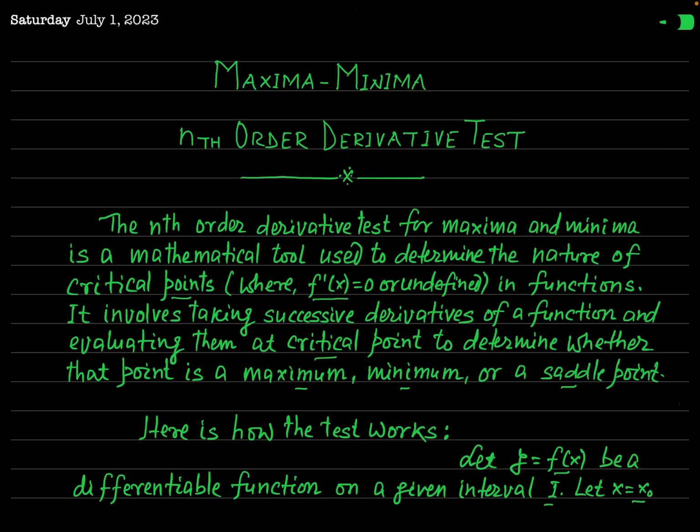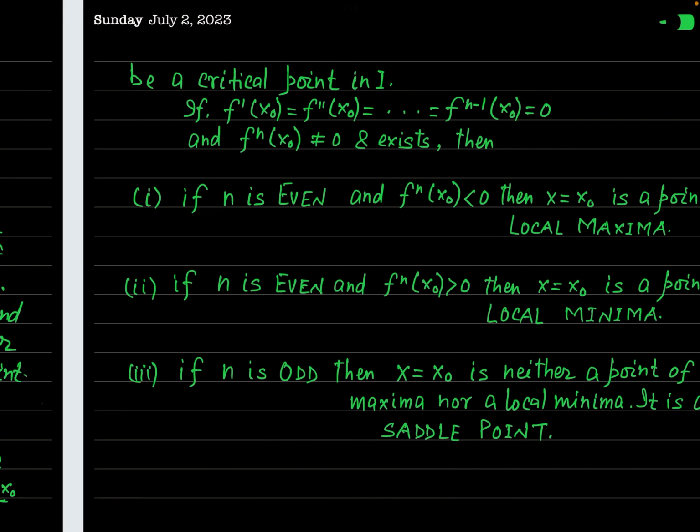It means when you differentiate f of x one time and equate to 0, the value of x obtained is denoted by the symbol x naught, and it is called the critical point.